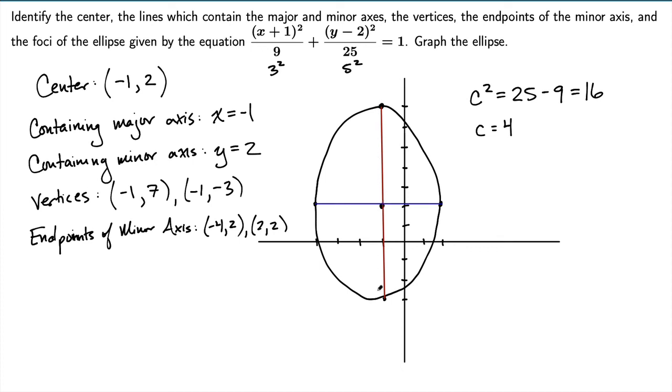So that's along the vertical here. From this point, -1, 2, we move up 4. And that's at -1, 6. And if we go down 4, we get -1, -2.